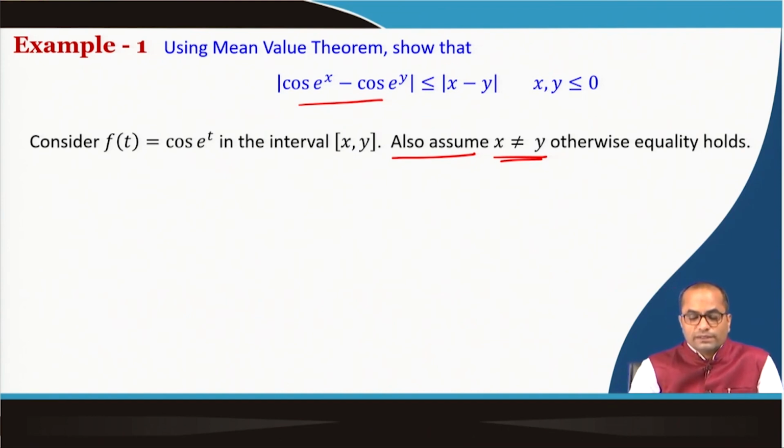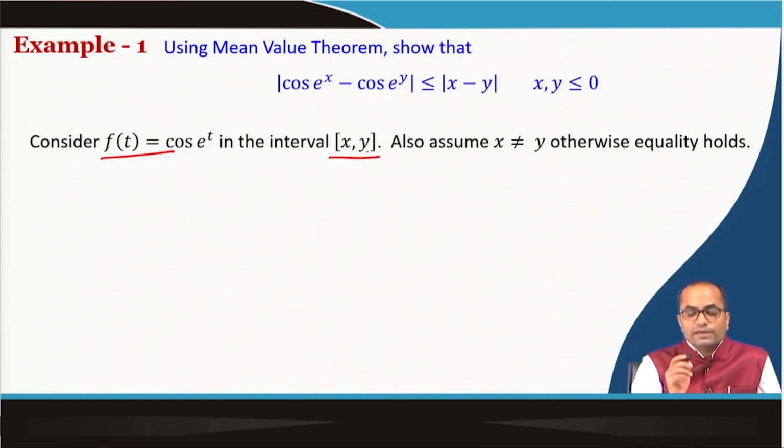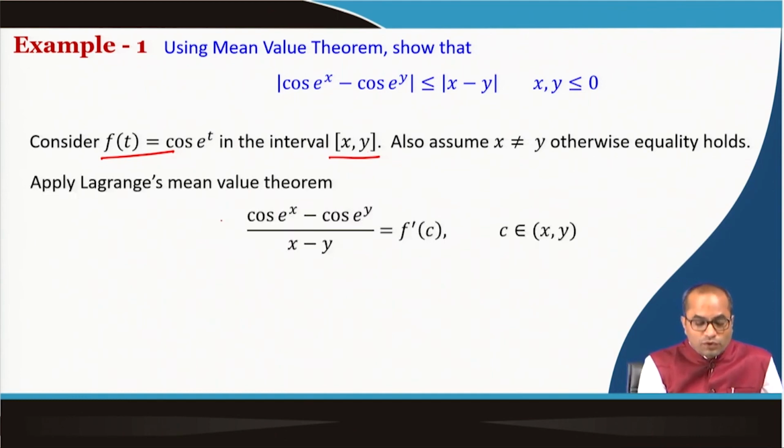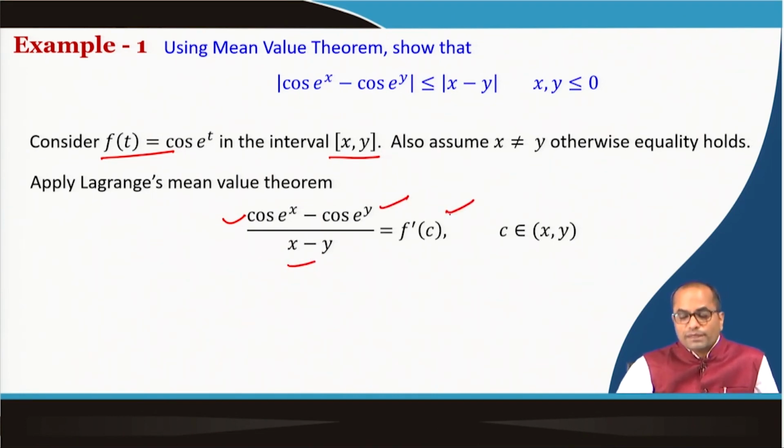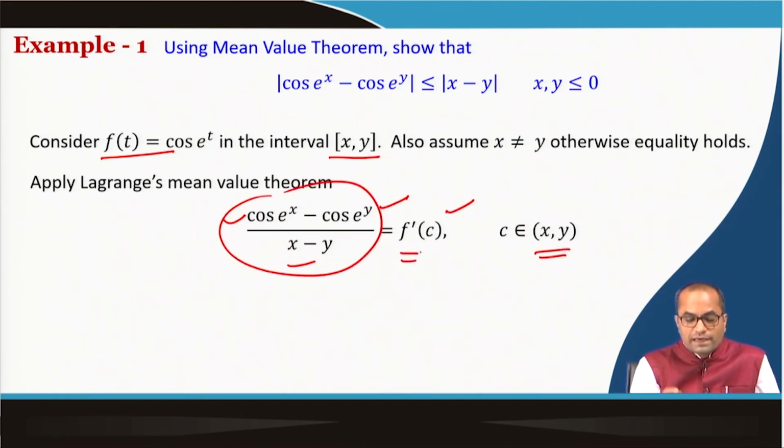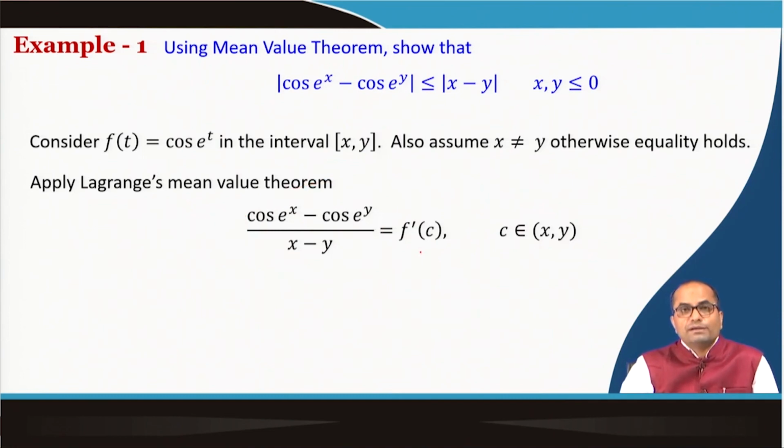So we assume x and y are not equal, and in that case, applying the Lagrange mean value theorem in this interval x, y, we get (cos(e^x) minus cos(e^y)) over (x minus y) equal to f prime(c). There will be a point c in (x, y) where this quotient will be equal to f prime(c), that is the Lagrange mean value theorem.